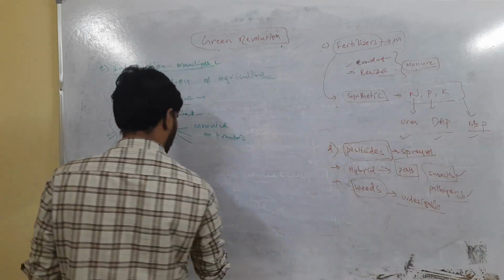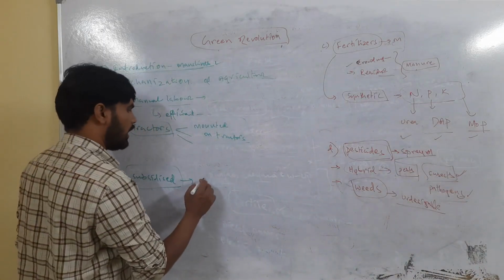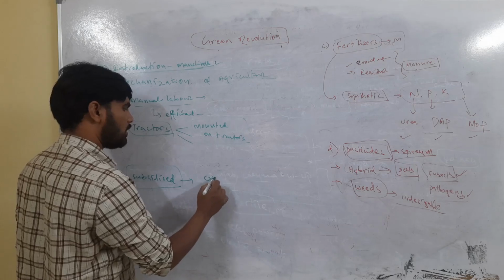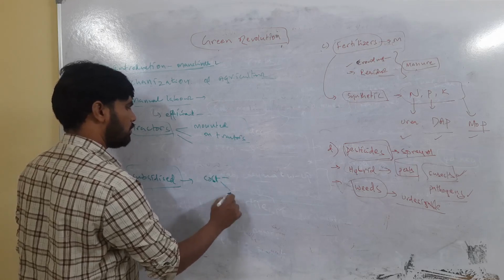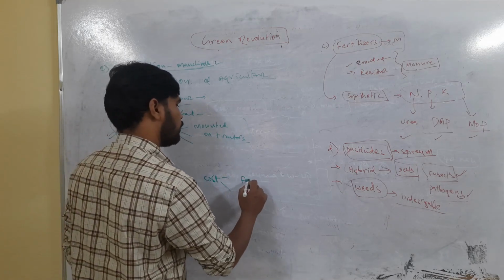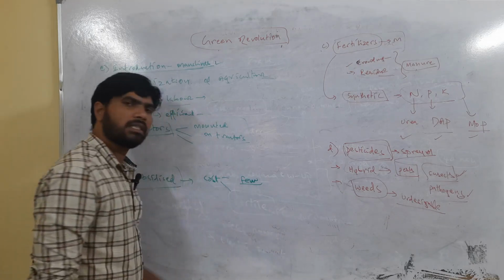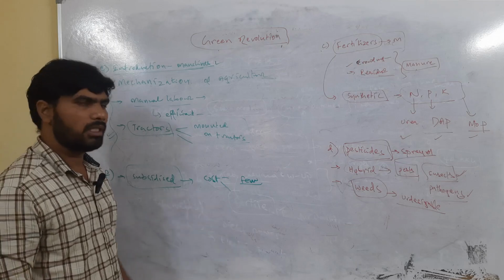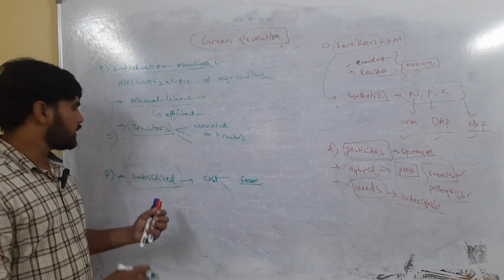The government itself bears a lot of the cost. Only a few percent of the cost has to be borne by the farmer. This is one way.